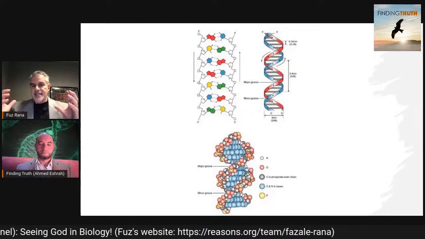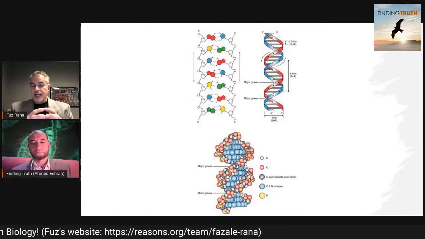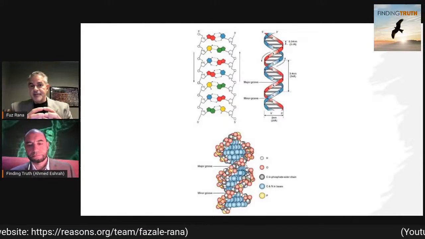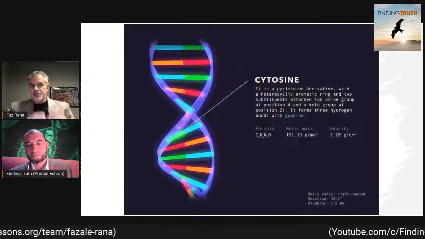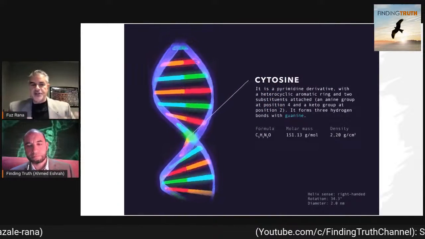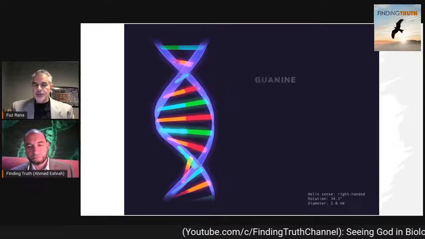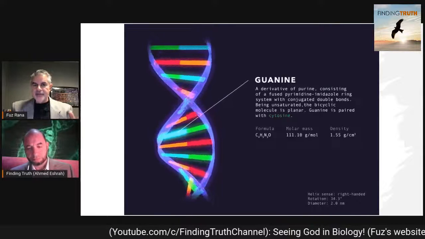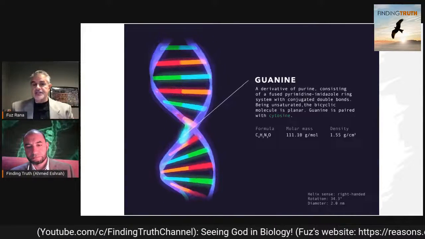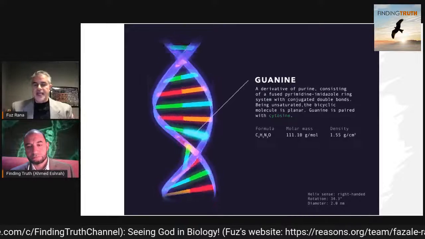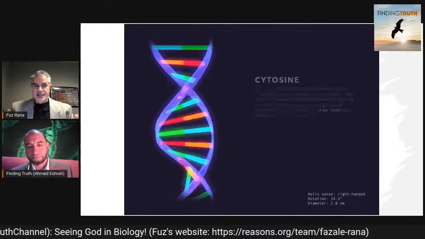Each of those subunits is the building block of the DNA strands. Those subunits are called nucleotides, and there are four different nucleotides that are used to build DNA: adenine, guanine, thymine, and cytosine.